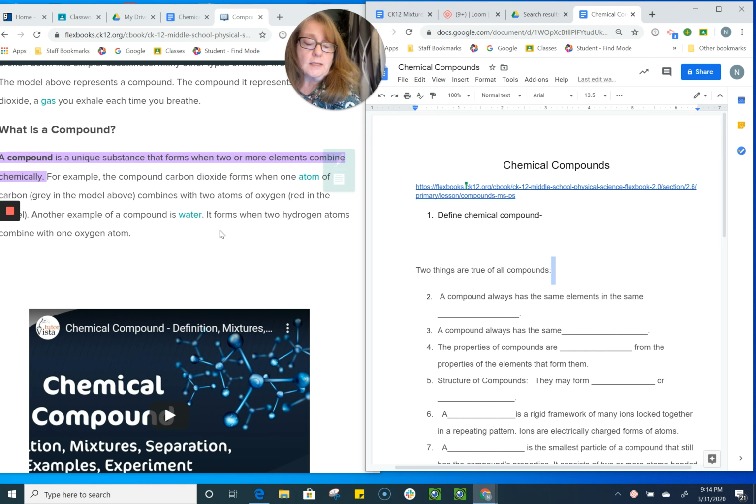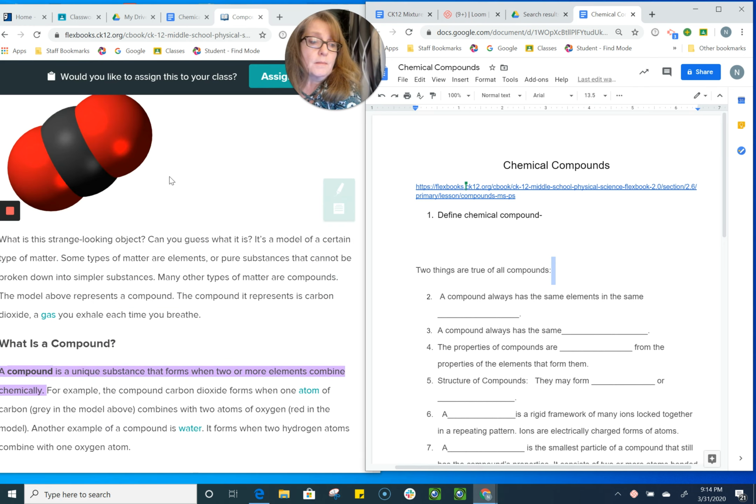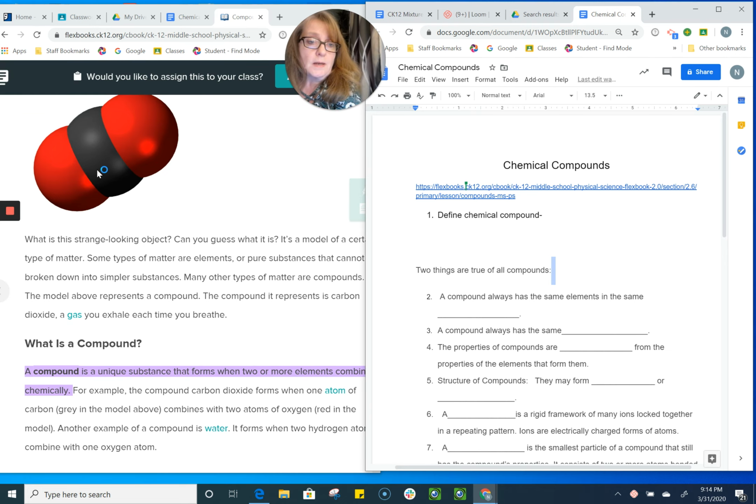And with a chemical combination, these atoms form bonds, and a bond is basically they're either sharing electrons between the atoms that are orbiting the nuclei of those atoms, or they are transferring electrons from one atom to another. And when they transfer electrons, because electrons are negatively charged, if an atom gives some of its electrons away, it loses negative charge.